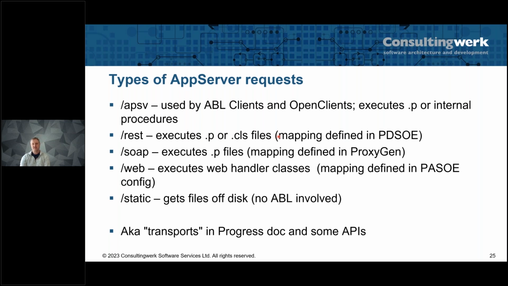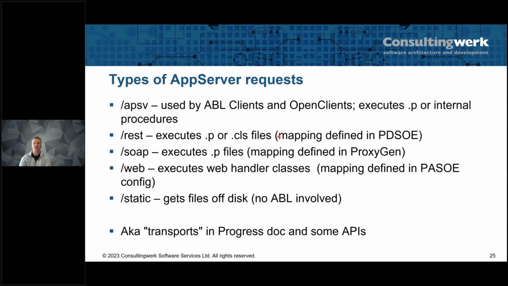APSV is the old AIA, or the classic AppServer interface. It's used by ABL, 4GL clients and open clients, and this will always run a .p or an internal procedure. You can't run a class across the wire from a client. The REST transport runs classes or .ps using a mapping that's defined in PDSOE, either annotation-based or with the mapping tool.